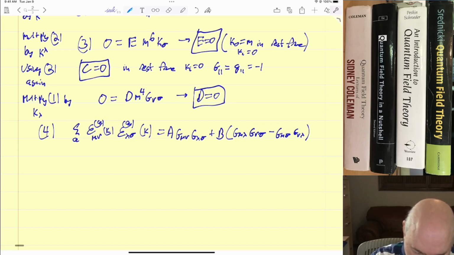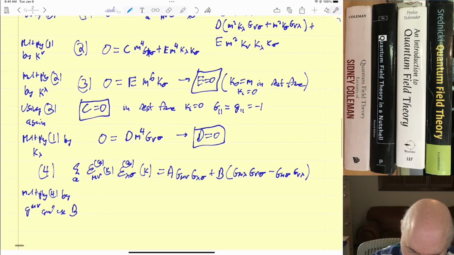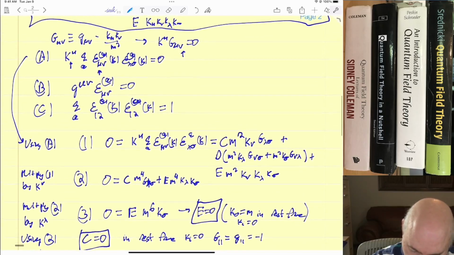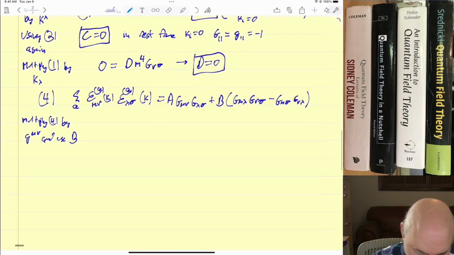Okay, so now we're going to multiply equation 4 by g mu nu and use condition B. Remember, condition B is the tracelessness condition. So now we get 0 is equal to, because when I multiply g mu nu times epsilon mu nu A k, that's 0.